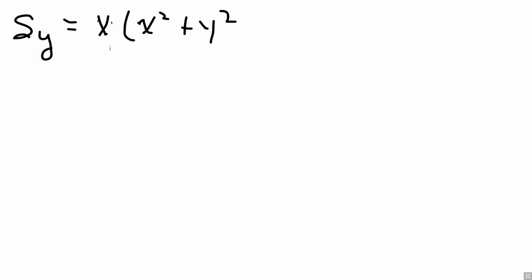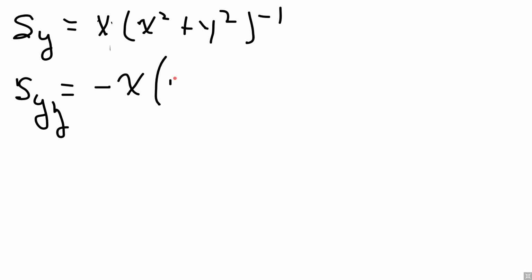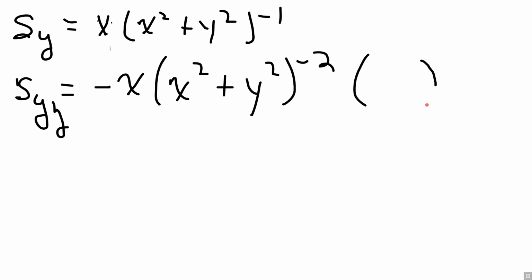So if we do the second order partial with respect to y, it's going to end up being negative x times x squared plus y squared to the negative 2 times the derivative of the inside, which is going to be what? 2y.